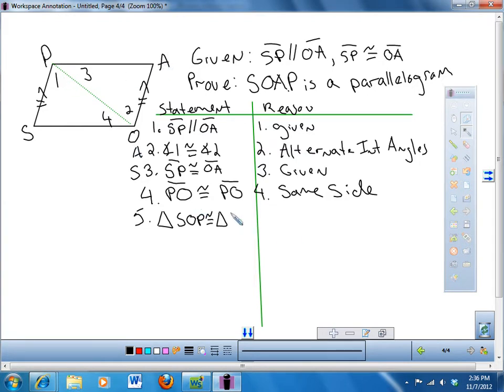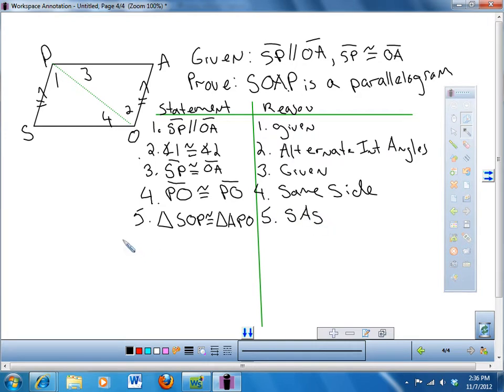I won't take off if you put them in the wrong order, but really you want to arrange them so that the parts line up. What is the reason for that? Even though I listed my pieces, it's side, angle, side. So the reason for that is side, angle, side.